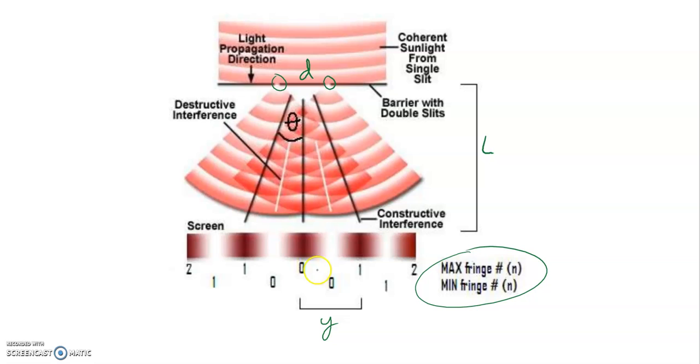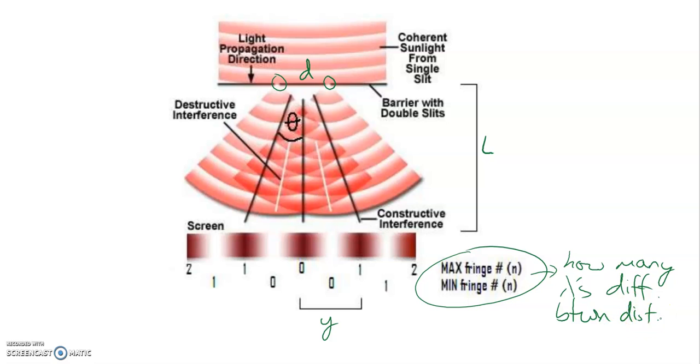Now it sounds kind of weird because the first maximum has a fringe number of 0. The reason is that the fringe number tells you how many wavelengths of difference there are between the two distances.